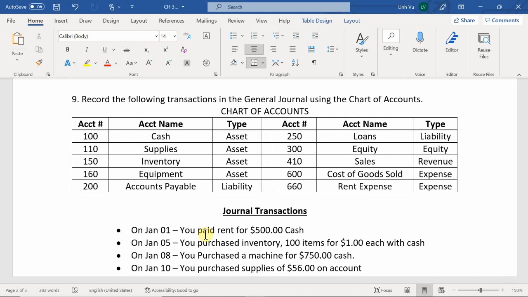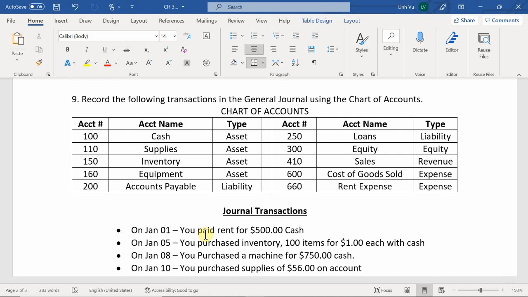So machinery would most likely fall under a fixed asset. It's not going to be land, and we don't even have land in my accounts. We only have equipment. I didn't buy a machine for inventory, and I'm not going to sell my machine. It costs $750, so I'm going to associate it as an equipment.